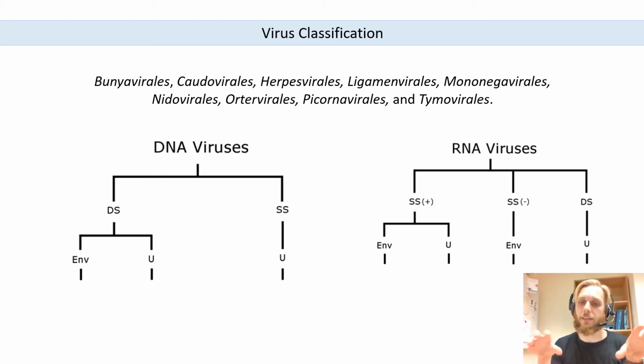However, if we apply these orders to the phenotypic classification system, we see something very, very interesting. What we see is each of these orders tends to be clumped in a specific part of the phenotypic system. So what that means is each individual order has consistency within it. All the viruses in each order have shared phenotypic features.